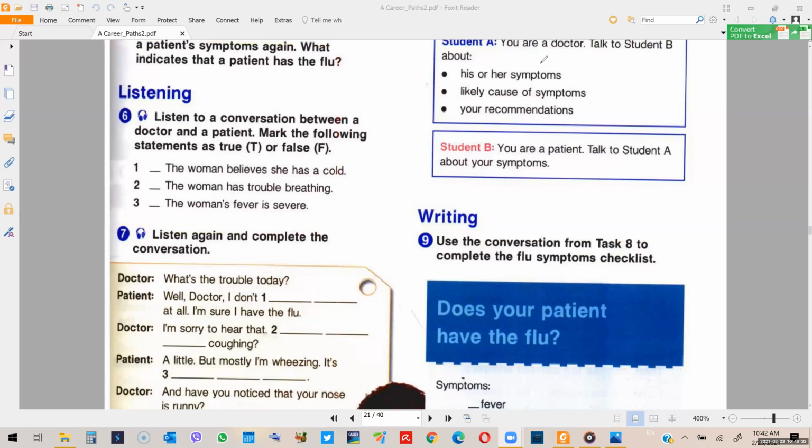I've been blowing my nose. I've been, it means I have been. I've been blowing. I've been sneezing. I've been coughing constantly.